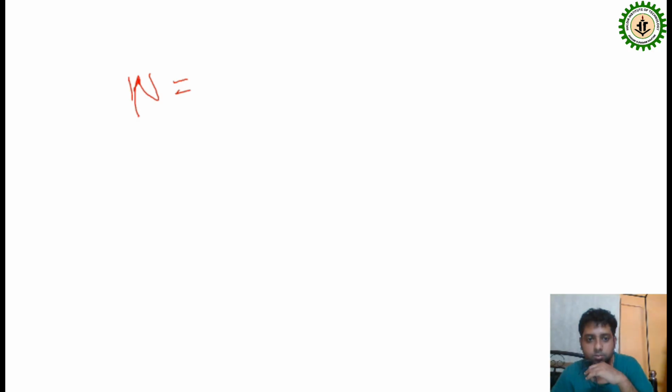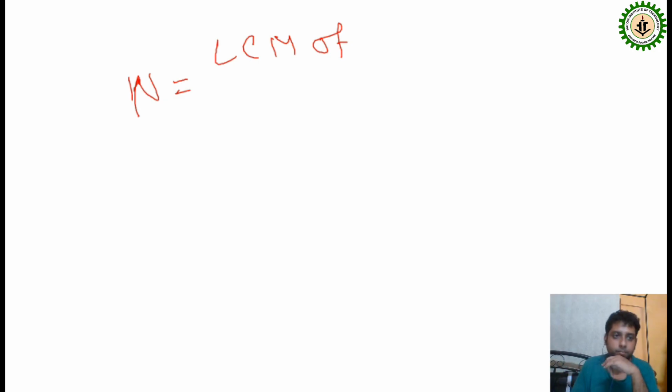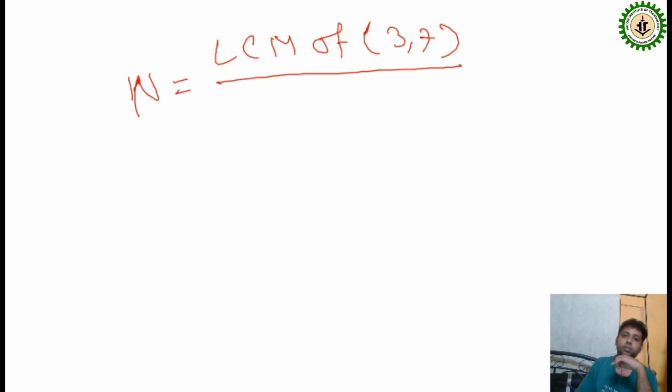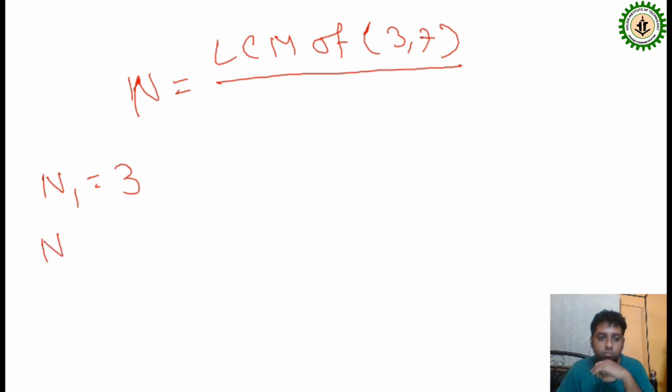So LCM of the numerators, that is LCM of 3 comma 7, and HCF of the denominators. The N1 value we found is 3 and N2 is 7, that is 3 by 1 and 7 by 1.